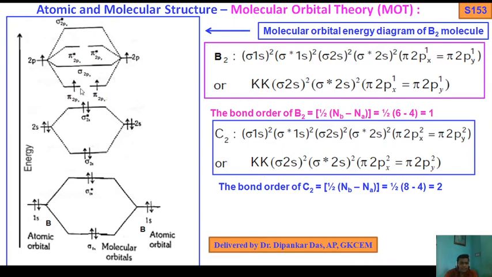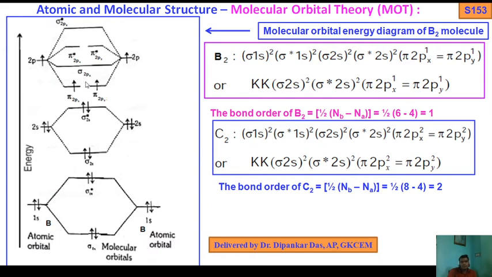Here in case of C2, electrons will pair up. That means B2 is paramagnetic. From the MO diagram, it is clearly shown that B2 is paramagnetic, because it possesses 2 unpaired electrons, so its magnetic moment will be higher. But when you talk about C2, what will happen? Due to the presence of 2 extra electrons, pairing takes place.